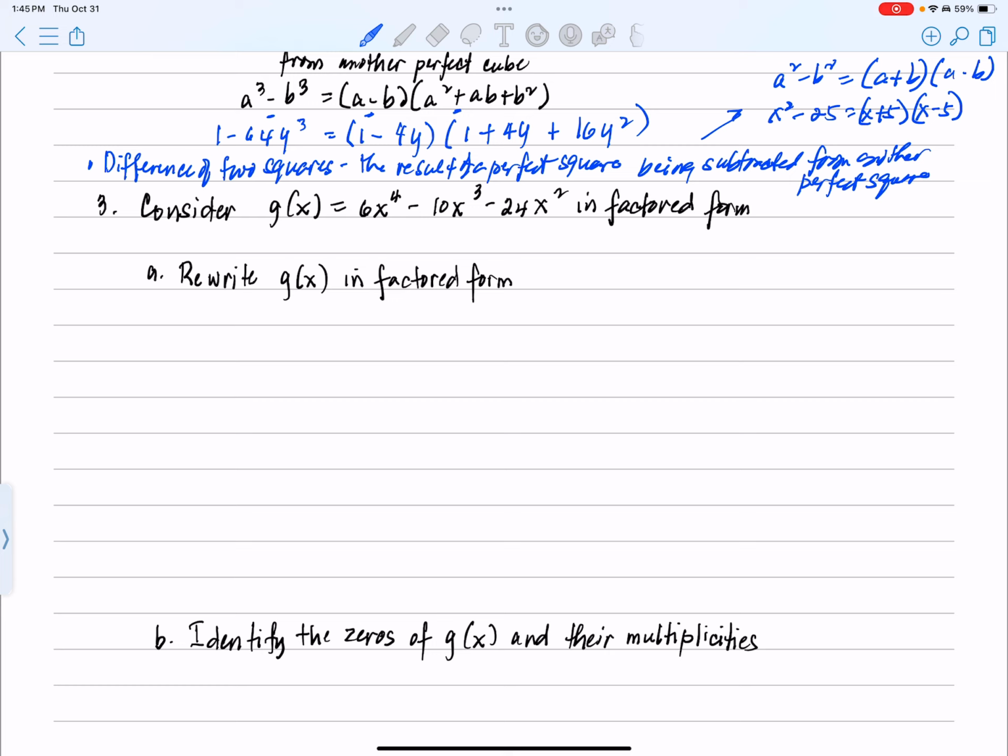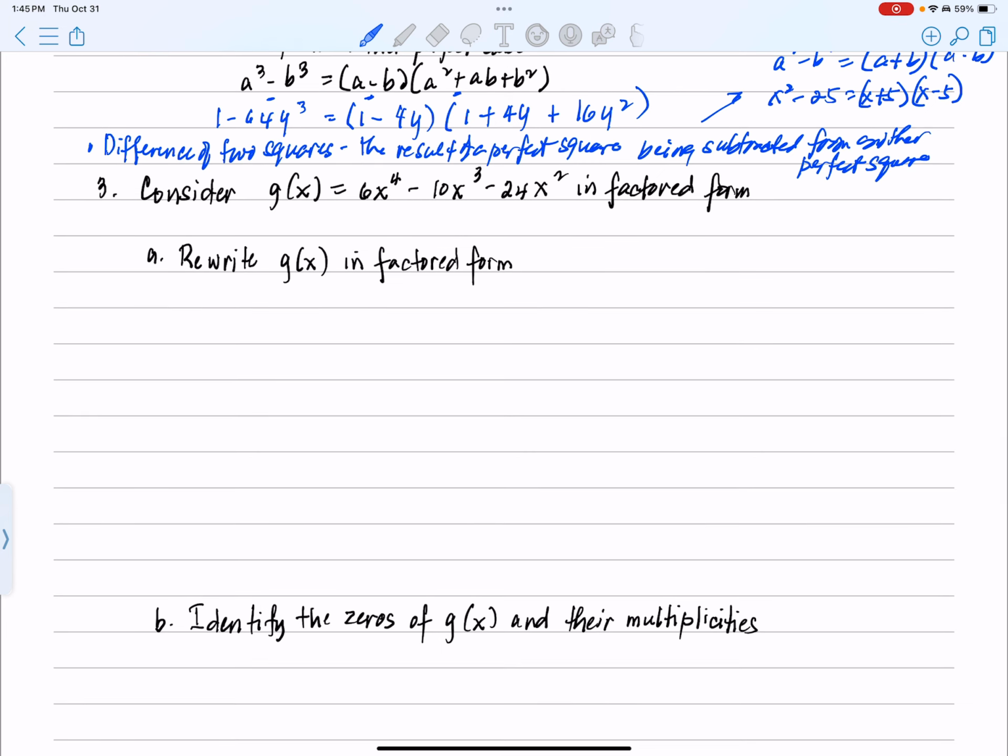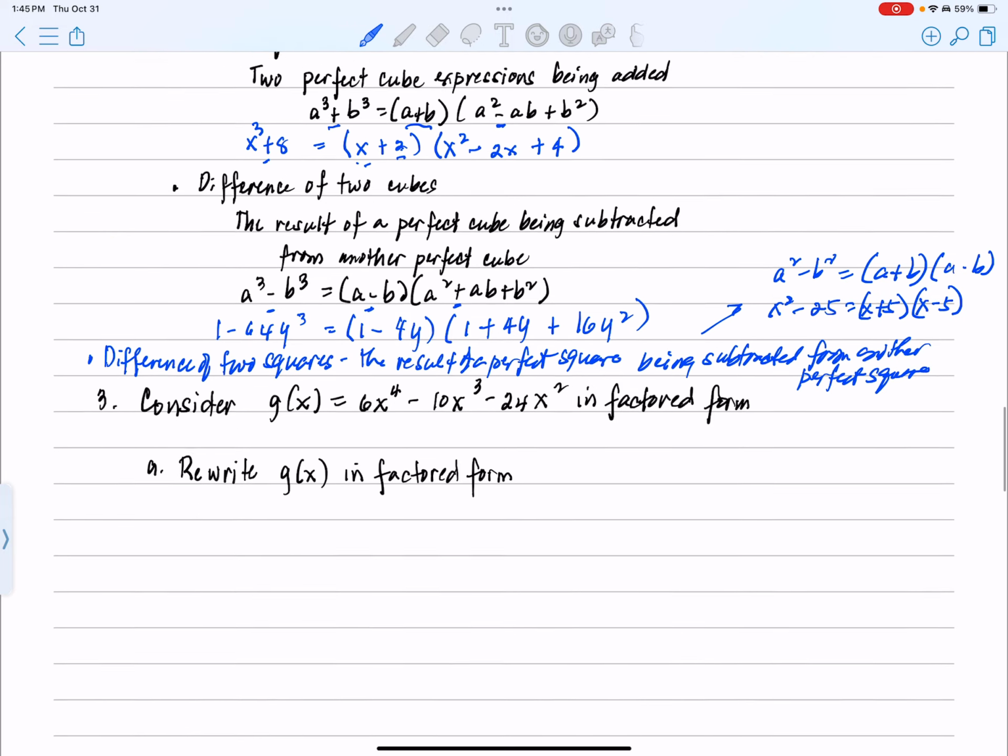Rewrite in factored form. Now, first of all, we have to look at the GCF. Usually the first thing, that's why it is the first in our listing here. Let me go back.